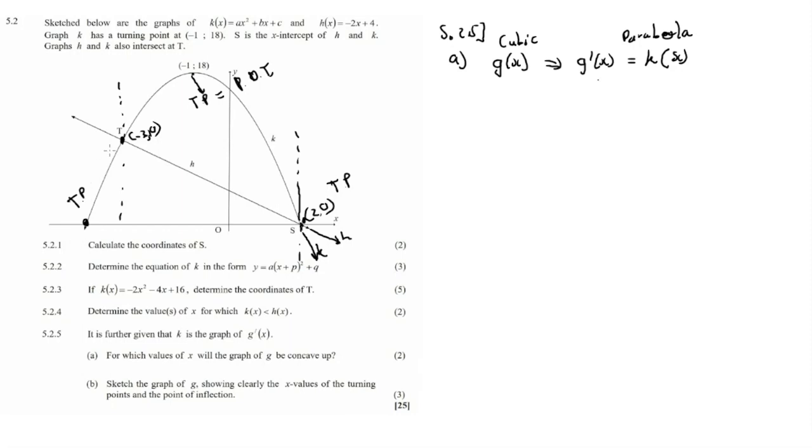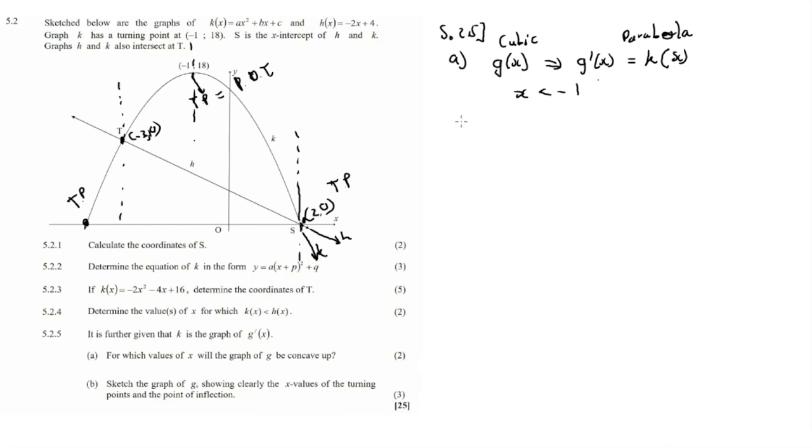Where my parabola increases, that's where my cubic graph is concave up. Where is that? It's whenever x is less than -1, meaning all the x values to the left of -1 are making the cubic graph, or the graph of g, concave up because the parabola is increasing.